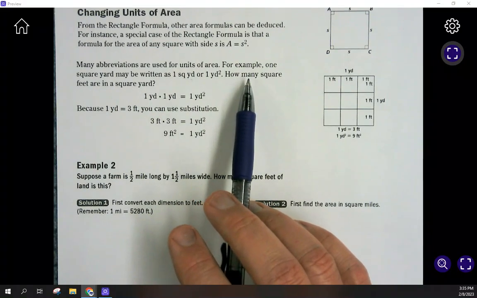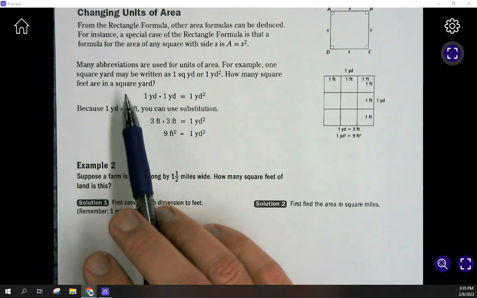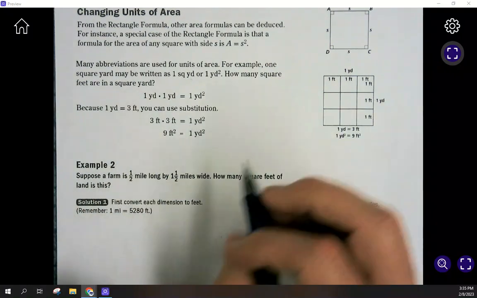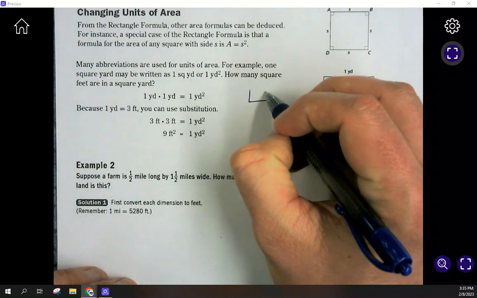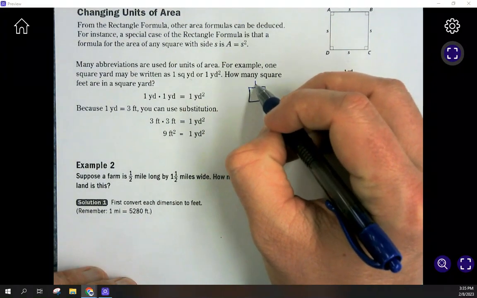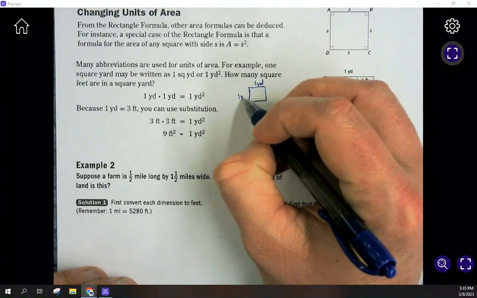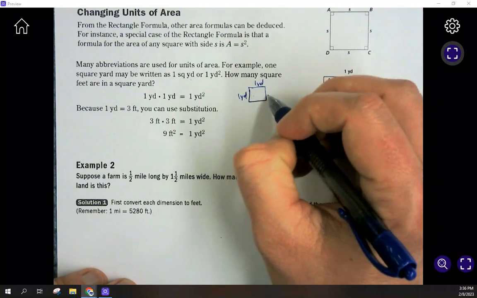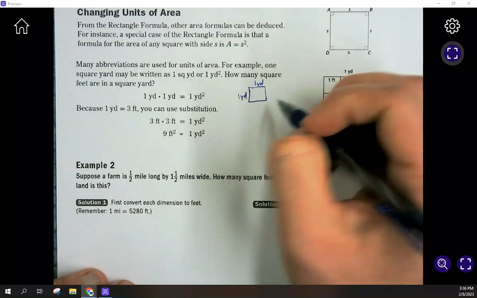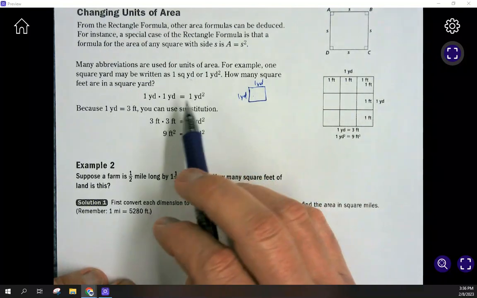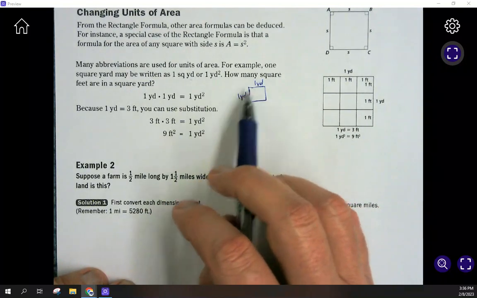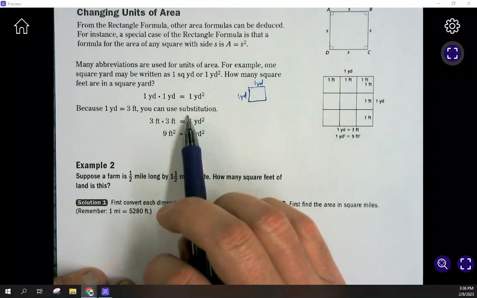All right, so it's asking us now, how many square feet are in a square yard? So when we're talking about a square yard, we're talking about 1 yard by 1 yard. How many square feet are on the inside of 1 square yard? So length times width, if we're just keeping it in yards, is 1 times 1.